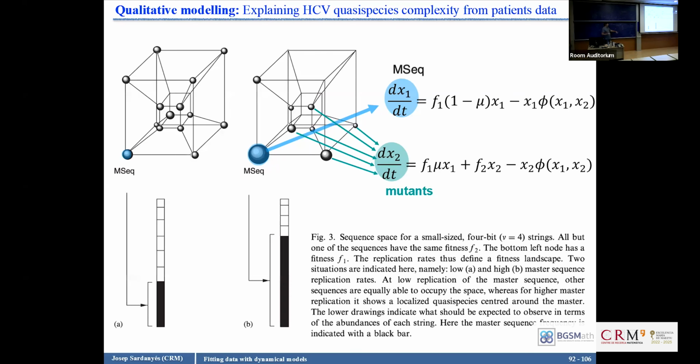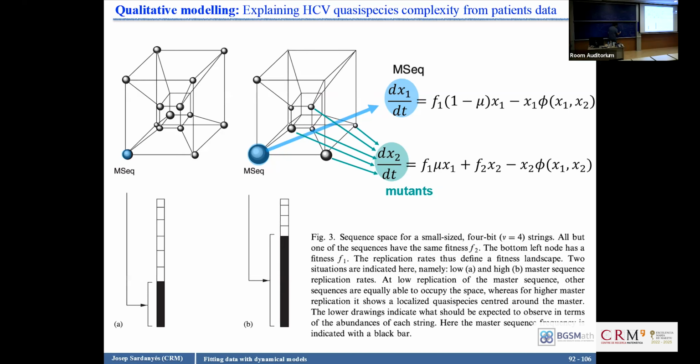So if you do simulations with bit strings, with this landscape, what you see is that the per-bit mutation, and here we have master and mutants, but now I do a bit string system. And I have the master sequence, for example, this one, and then all these mutants are any genome with any mutation, with one mutation, two mutations, whatever.